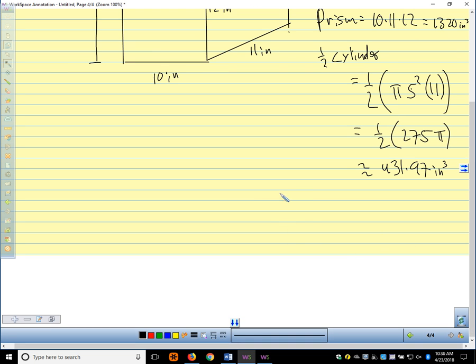And so the total volume is 1320 plus 431.97 equals 1751.97 cubic inches. What would I write if we wanted to round this answer to the 10th place?